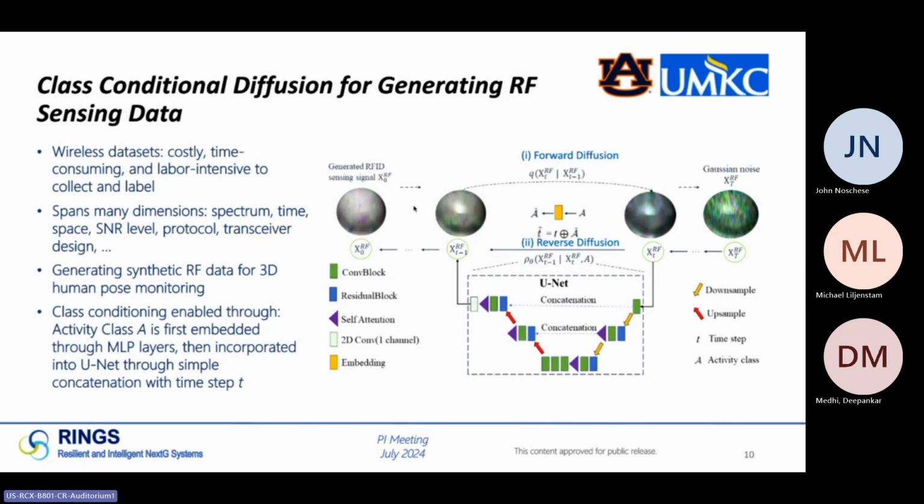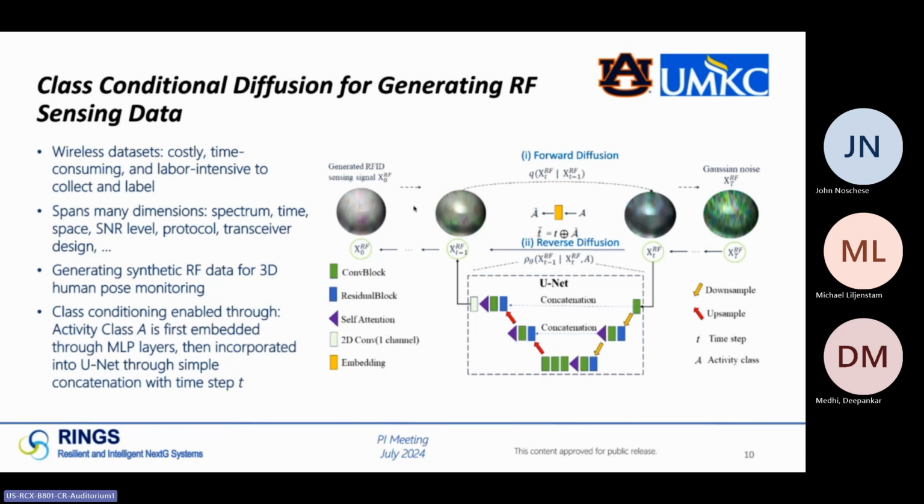The last piece, the third piece, is our recent work on how to use this AIGC to generate wireless data. So we know that wireless data are very dynamic and very difficult to collect. It costs a lot of labor and hardware. Also wireless data spans many dimensions, different spectrum like 900 megahertz RFID and the millimeter wave channels.